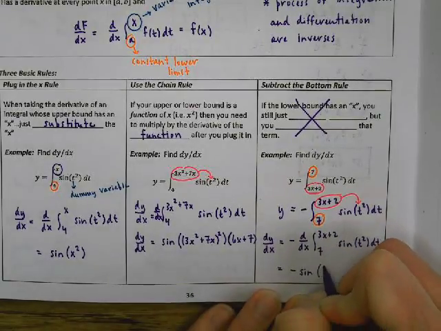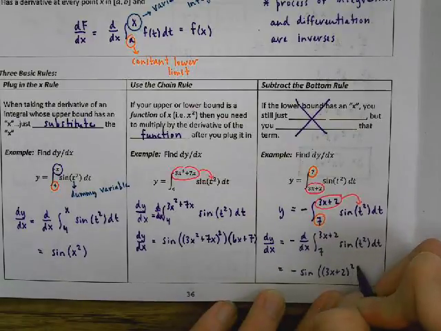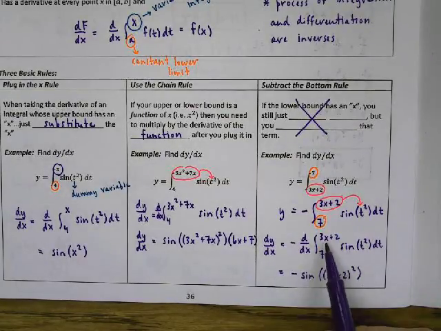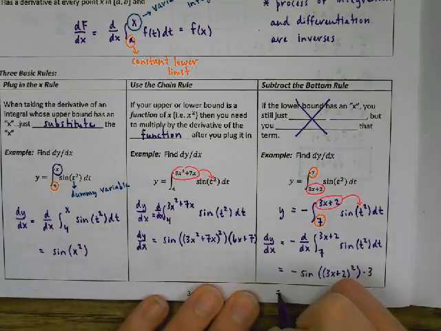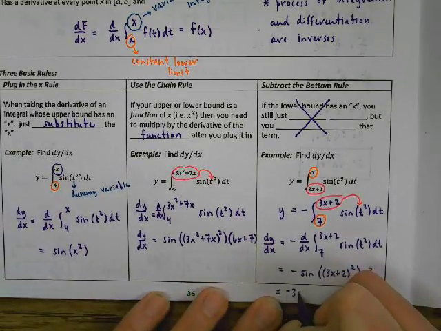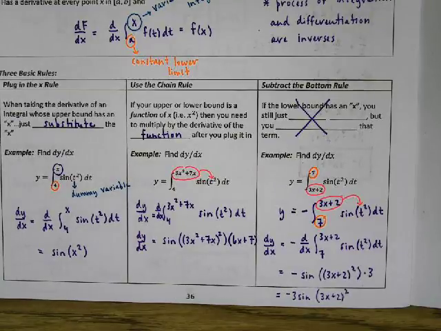So sine of 3x plus 2 quantity squared, and then multiply by the derivative of my upper limit, times 3. So I have negative 3 times the sine of 3x plus 2 quantity squared.